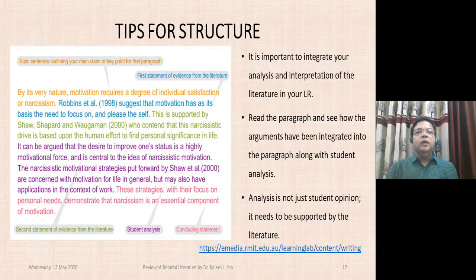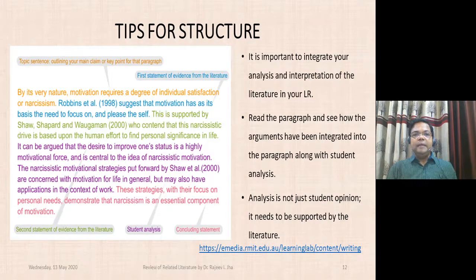Further, it is important to integrate your analysis and interpretation of the literature in your literature review. Read the paragraph and see how the arguments have been integrated into the paragraph along with student analysis. Analysis is not just student opinion, it needs to be supported by literature.